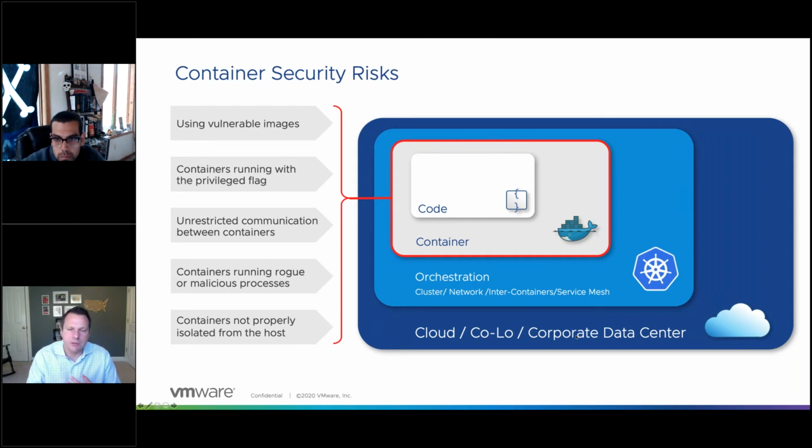You do have to make sure that those containers are running with the appropriate permissions, not necessarily allowing them to run with root privilege, not necessarily allowing them to communicate in an unrestricted manner. And obviously not necessarily allowing them to execute malicious software.